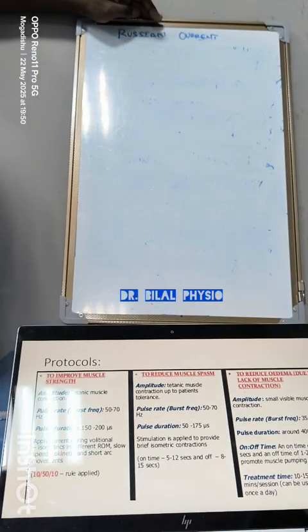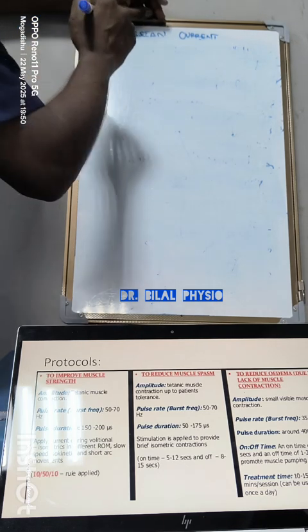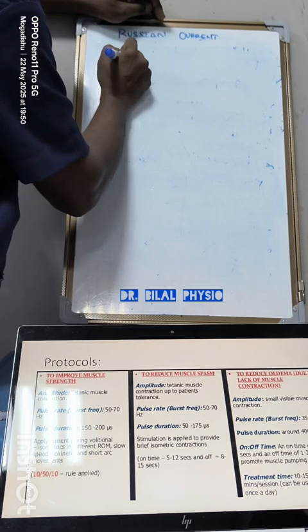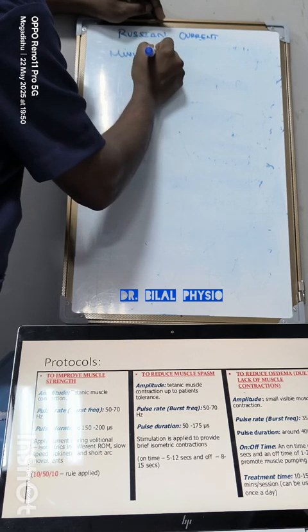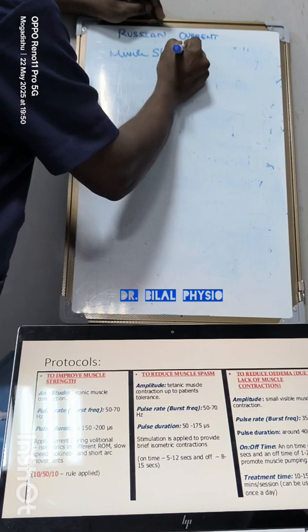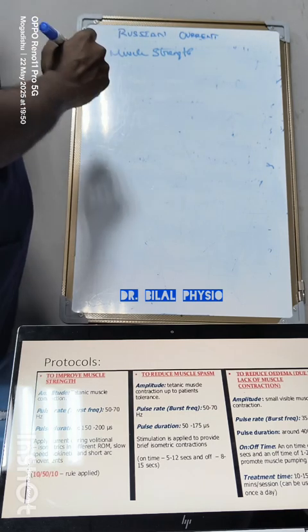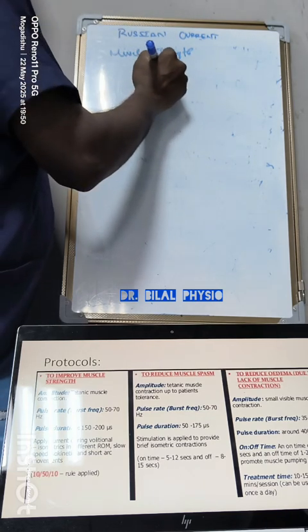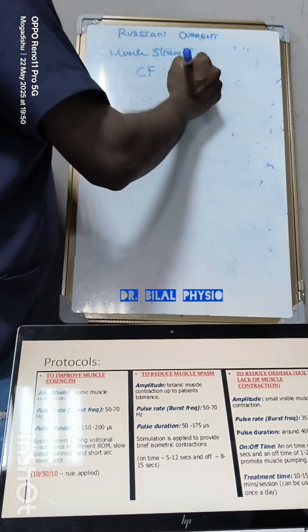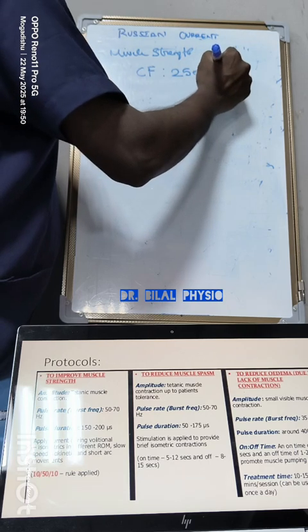These are the protocols which we mostly use clinically for the conditions. So to achieve strengthening, we should have a carrier frequency of 2500 Hertz.